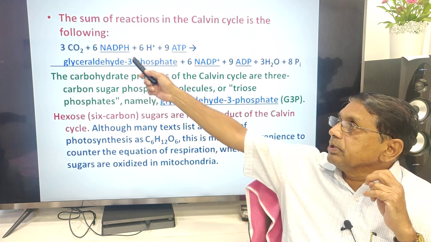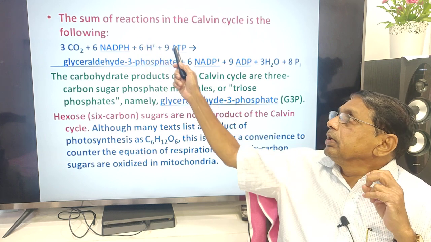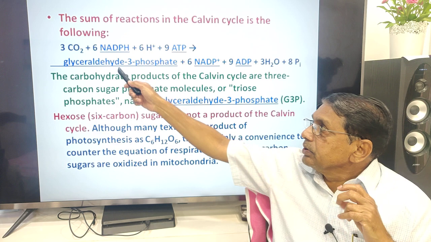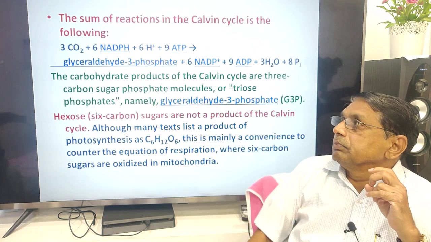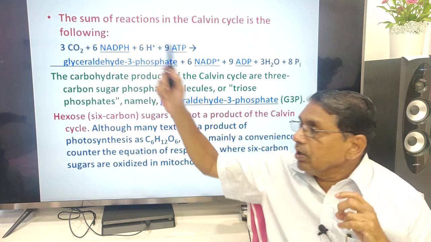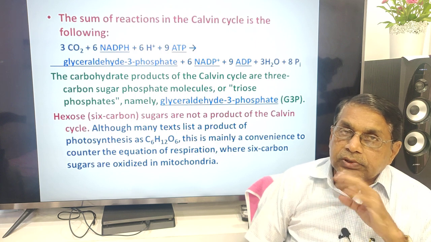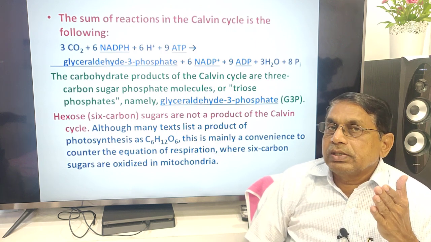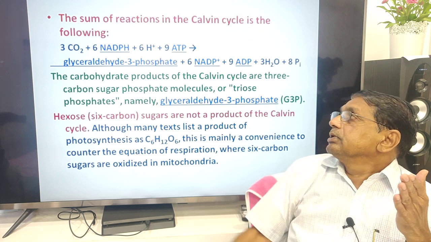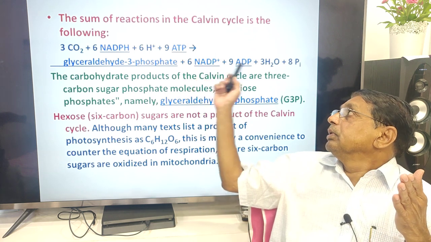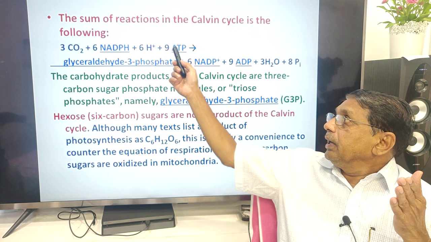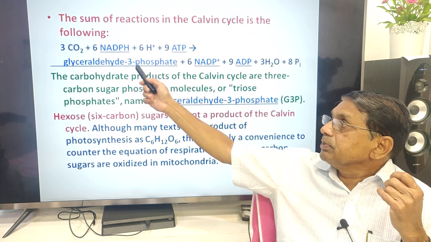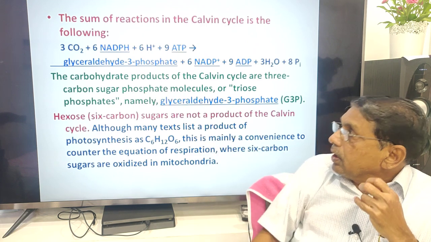Glyceraldehyde 3-phosphate is a 3 carbon atom compound. The first stable compound is a 3 carbon atom compound, therefore it is known as the C3 cycle. One phosphate is given to this.